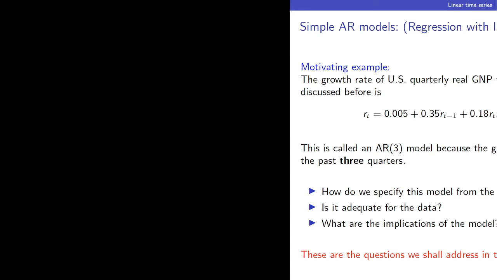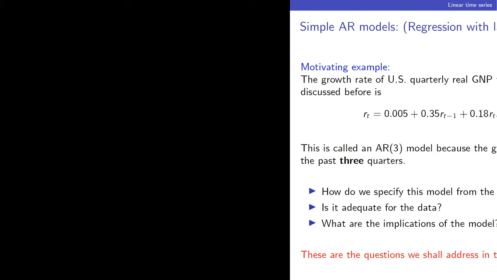So, our first models are named AR, which stands basically for lagged variables, in which the value of the return at a certain point depends in a stochastic way on a certain number of previous variables.